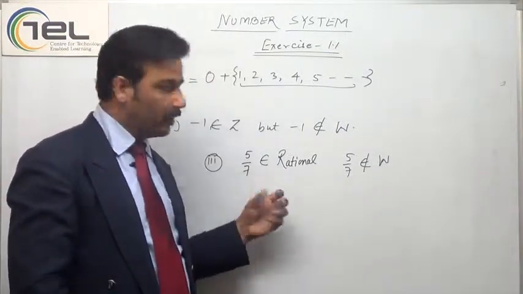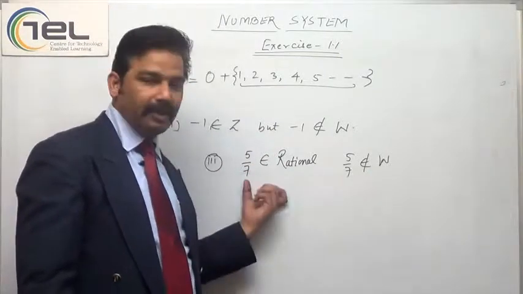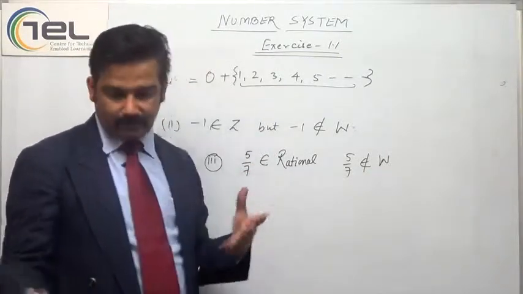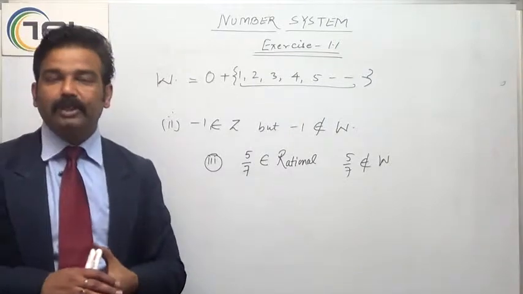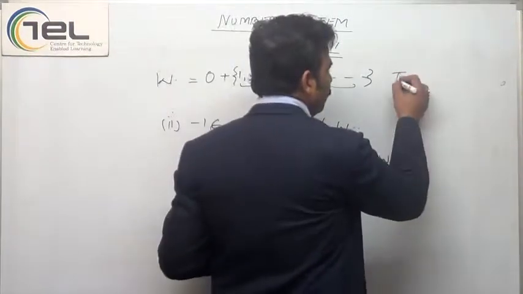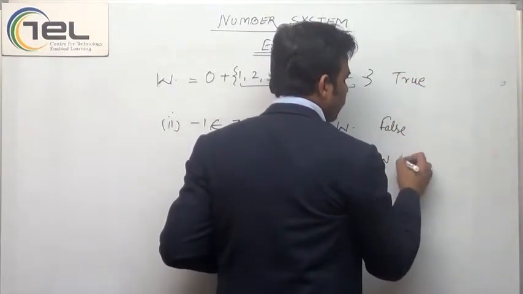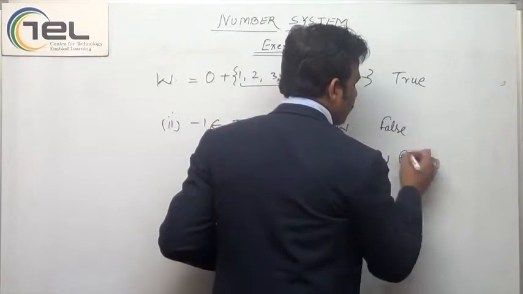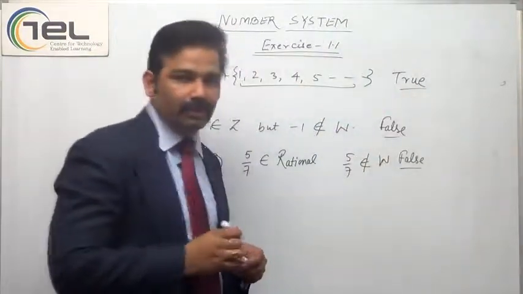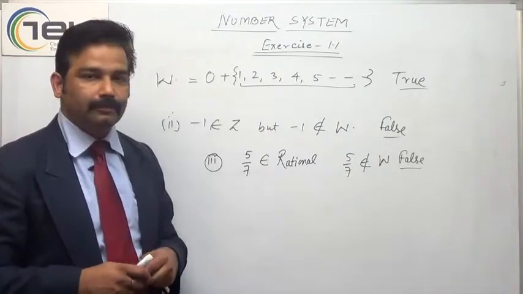So every rational number is a whole number is again false. The first statement is true, the second is false, and the third one is also false. So this is one of the ways in which we can decide whether statements are true or false.